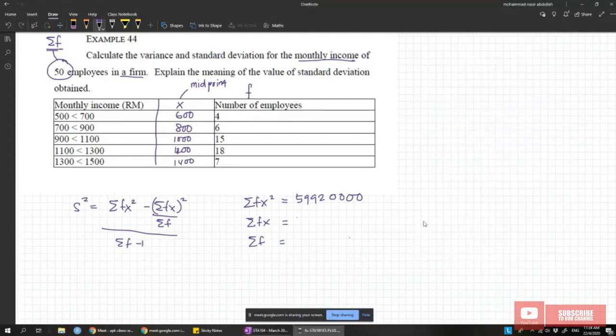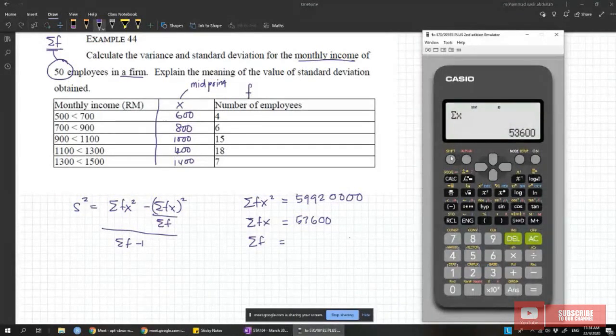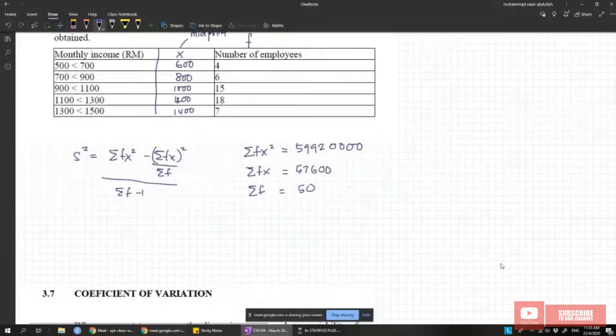So 53600. To find summation of f, press Shift, press 1, find variance number 4, and press 1. So actually it has already been shown here, this is the summation of f. I just want to show you, this is 50.